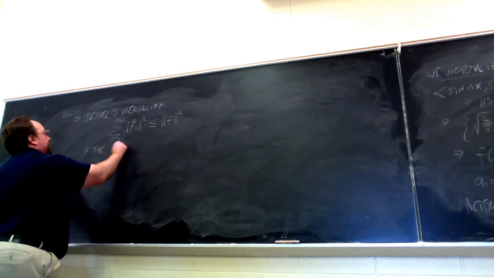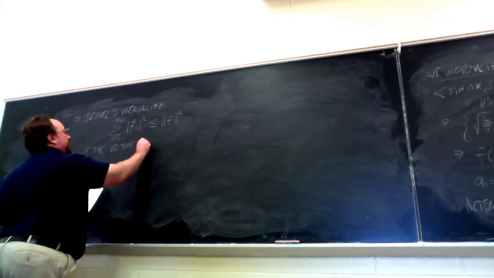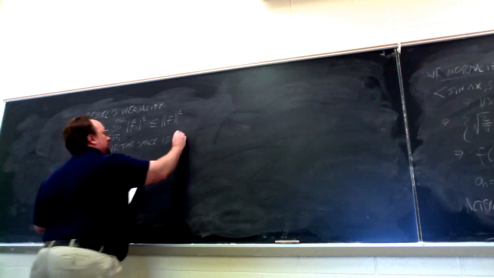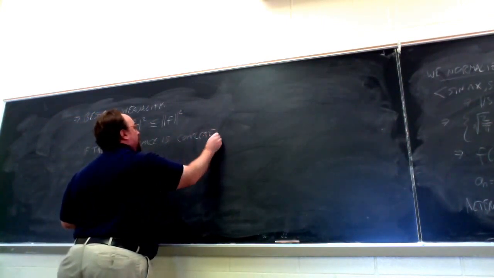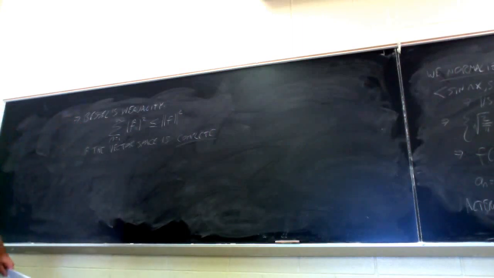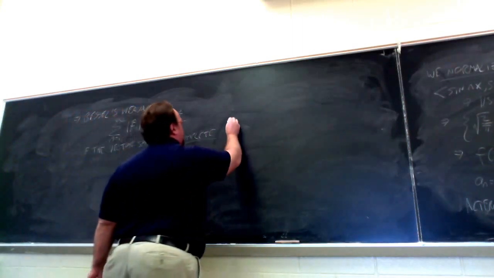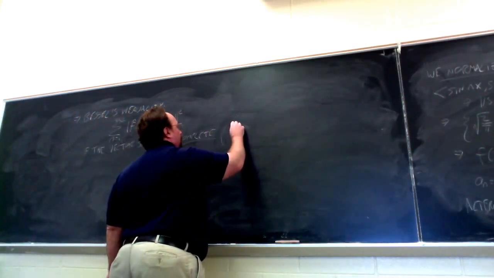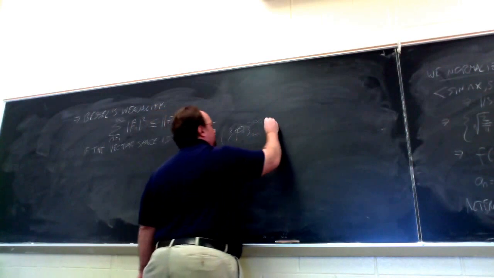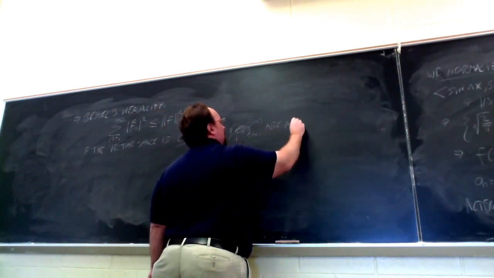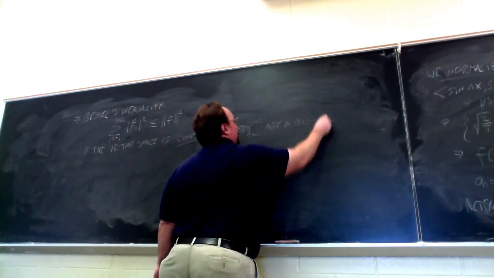Okay. Now, if the underlying vector space that you're working in is complete, what that would mean, the consequence of that, is these orthonormal functions form a basis for us.